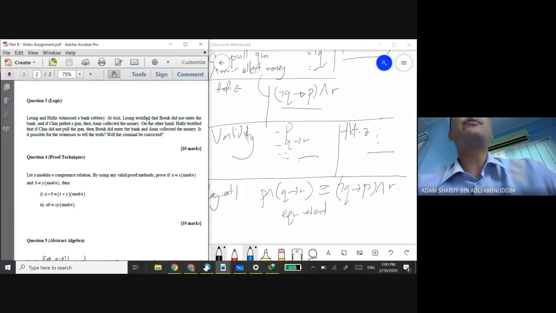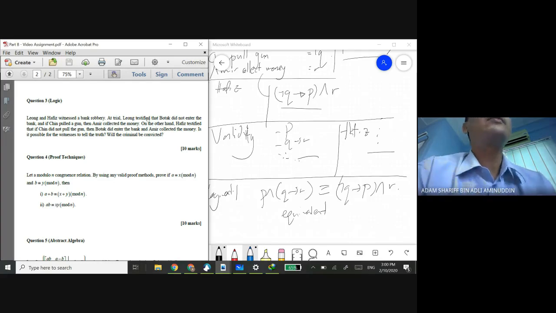And please use the appropriate logical connectives, not, and, or, if then, and also if and only if, according to the priority. The first is bracket first, do what is in the bracket first, and then followed by not, and, or, if then, and also if and only if. If you manage to read correctly, then fine.